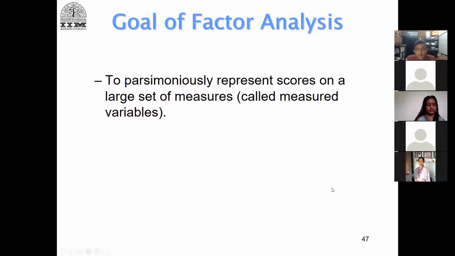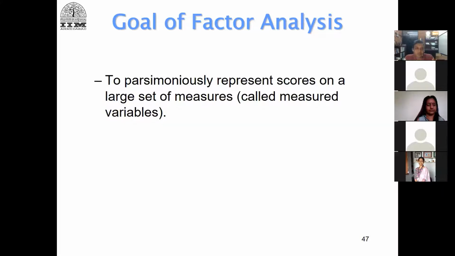And the aim of factor analysis is to represent scores on a large set of measures, the items that we have got, to categorize or classify or factorize under different factors.